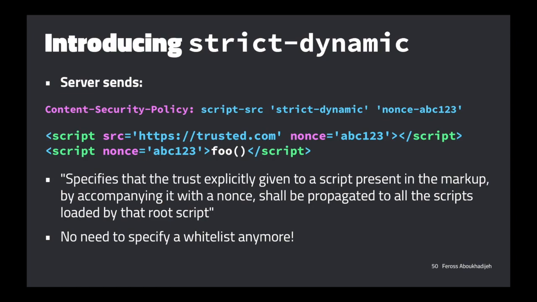If it doesn't include that as an attribute, then it was attacker-injected. So in both of these examples, both of these scripts will be allowed to run. Even the inline one is fine, because we're saying we trust any script that has the nonce on it.